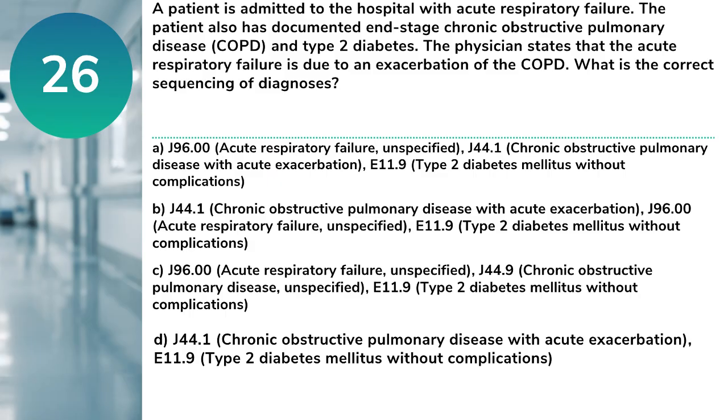C. J96.00, acute respiratory failure, unspecified, J44.9, chronic obstructive pulmonary disease, unspecified, E11.9, type 2 diabetes mellitus without complications. D. J44.1, chronic obstructive pulmonary disease with acute exacerbation, E11.9, type 2 diabetes mellitus without complications.